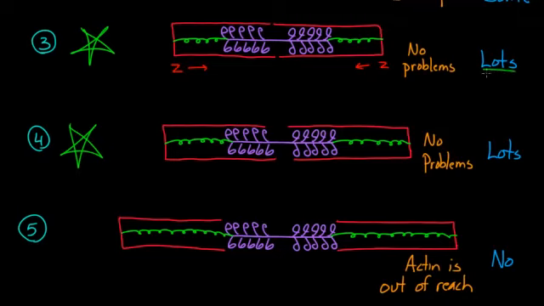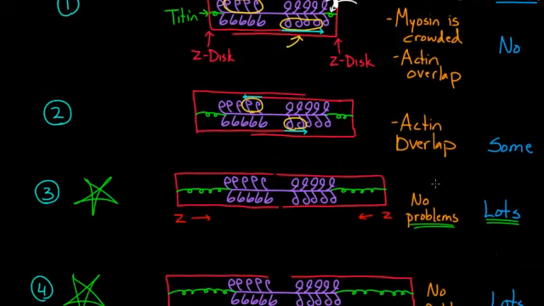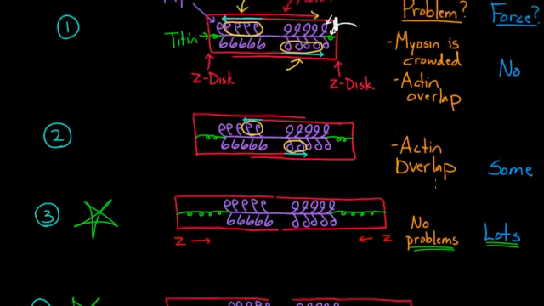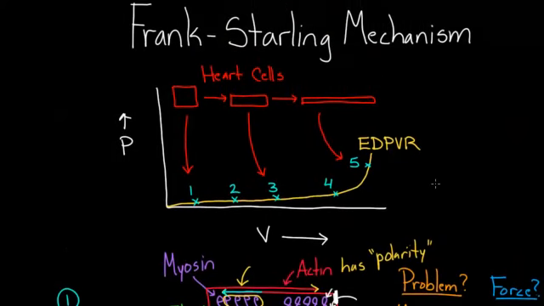We get lots of force, no crowding issues, no actin out of reach issues, no myosin-actin overlap issues, nothing. Just 3 and 4 are really our golden situations. So just keep this in mind when you look at a preload curve, that it really does start affecting how well the myosin and actin are able to create force. And this idea of stretch relating to force is something that Frank and Starling thought of a long time ago.